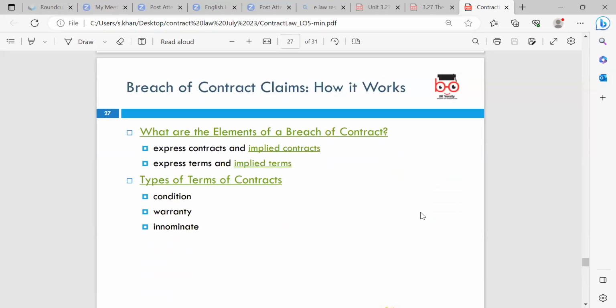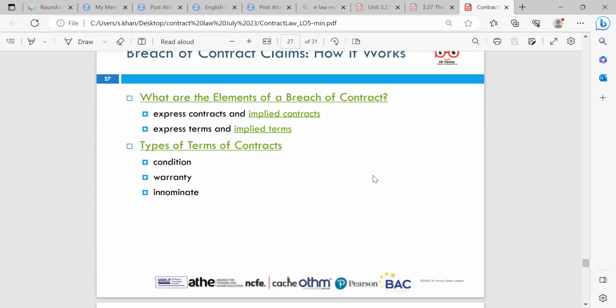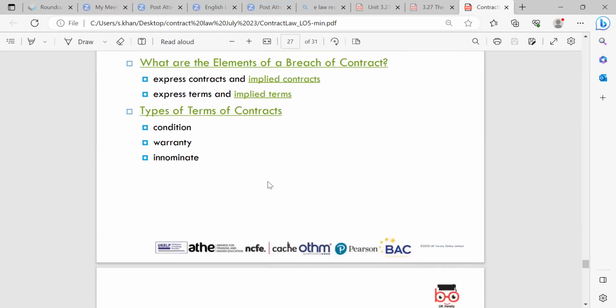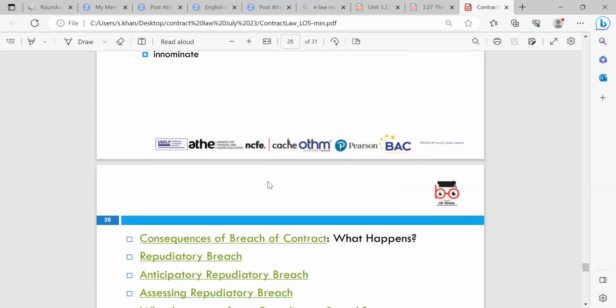So breach of contract claims, how it works. What are the elements of breach of contract? We've got express contracts and implied contracts, express terms and implied terms, and the types of terms of contract: condition, warranty, and innominate terms, which we discussed previously in the previous learning outcomes and sessions.